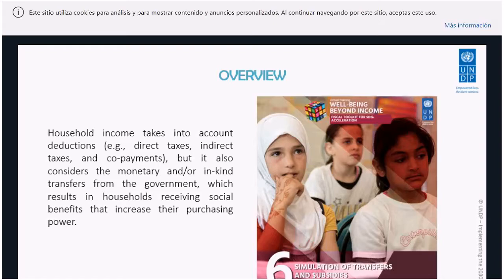So the government ideally would like to compensate that loss in the well-being condition of those households.